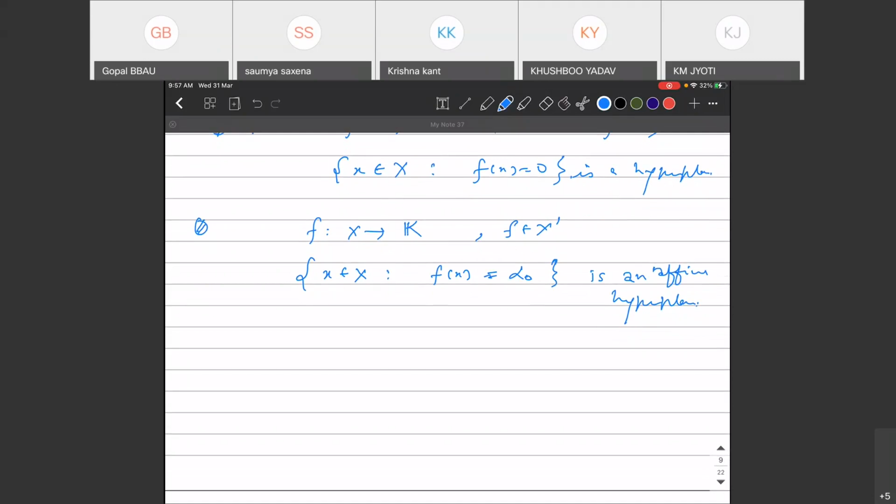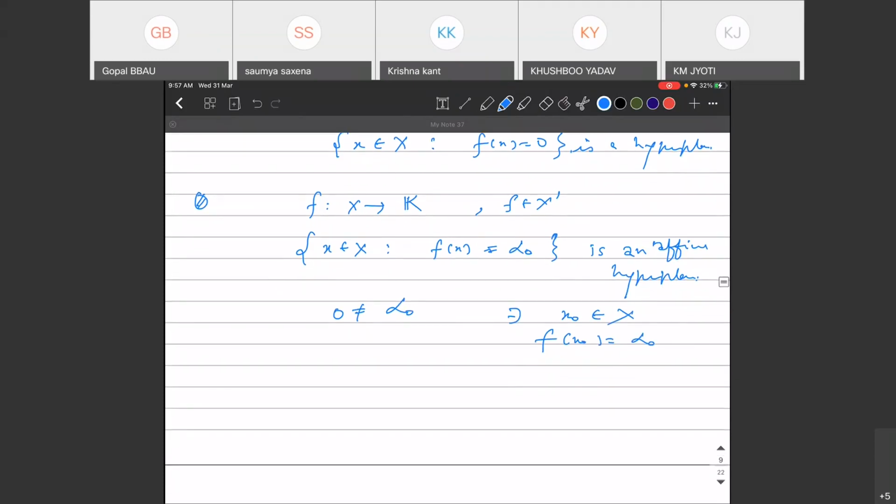So for this, what we did: since alpha naught is non-zero, there must exist some x naught in X such that f of x naught is alpha naught. Then f x minus alpha naught is 0, that is f x minus f of x naught equals 0, and f is linear.